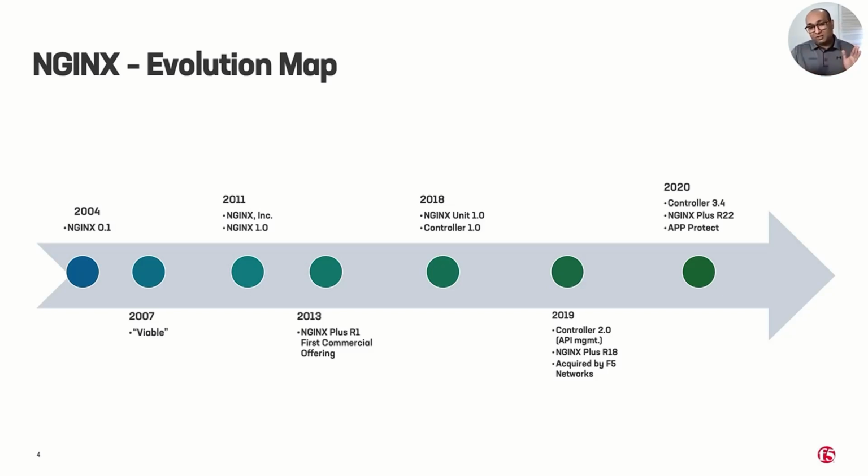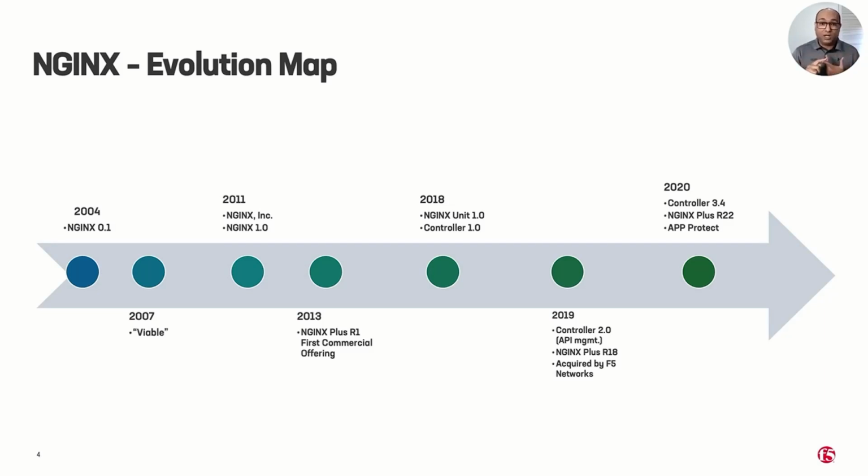And as the years evolved, the adoption of NGINX grew exponentially, and so did the features and functionality it brought to the table. From a web server, it started off as a reverse proxy, a load balancer, and in the modern day and age, we help a lot of enterprises in their microservices journey.